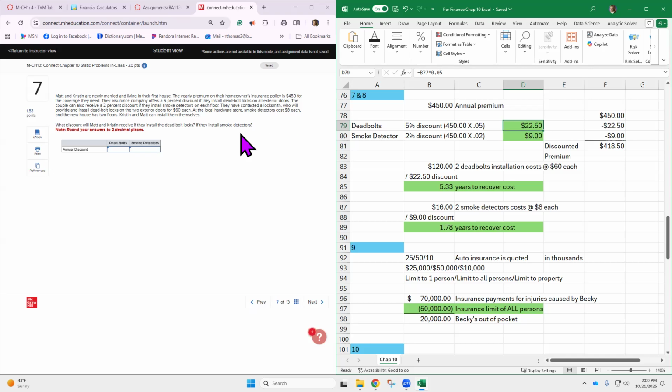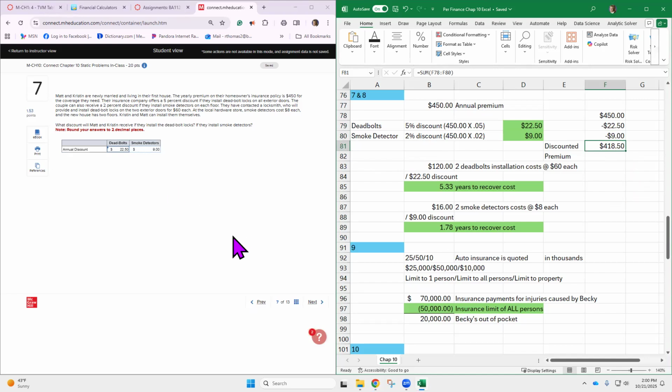So they'll save for the deadbolts $22.50, and 2% of $450. Okay, so there's your discount of $9 for putting up the smoke detectors. So the new amount of their premium is $418.50.